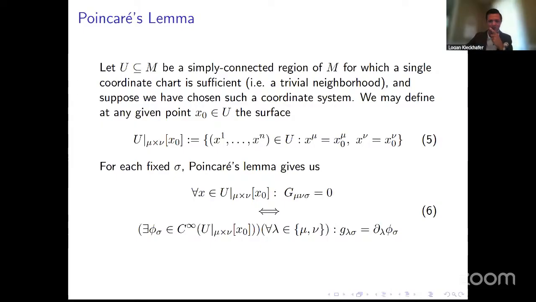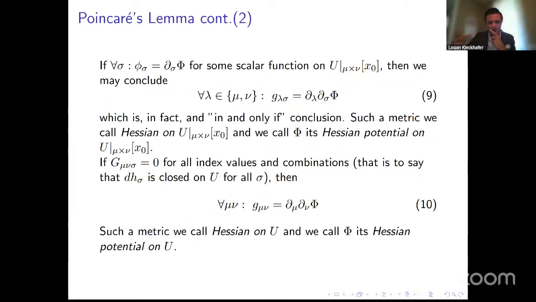Yes, that's right. It has to do with the sigma sector of the metric curling in the mu nu plane. And that gives us an understanding of each particular combination of indices rather than just the condition that all components of G vanish.